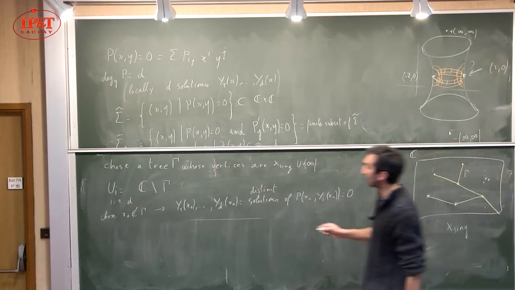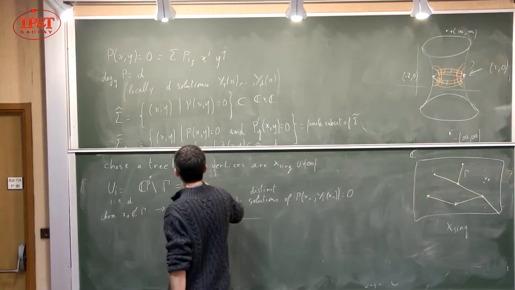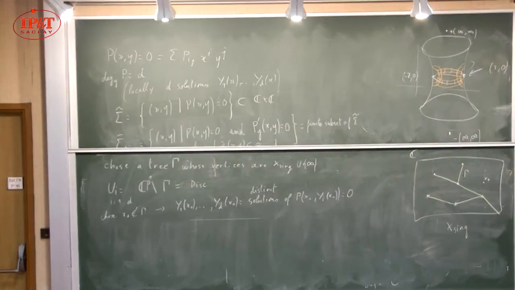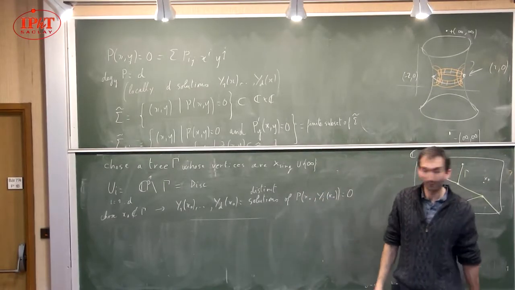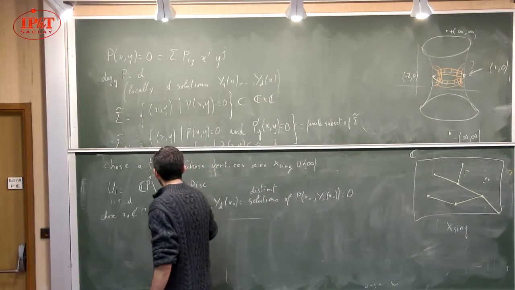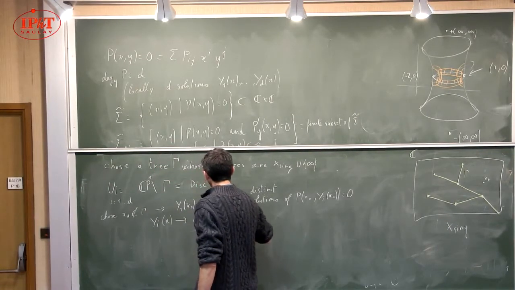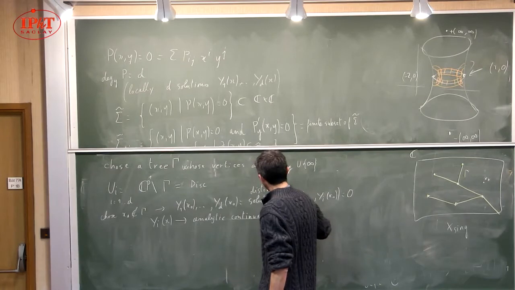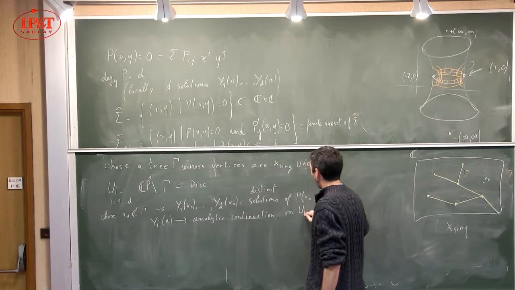So in fact it's CP1, so it's a disk. Since it's simply connected, it means that there is a unique way to analytically extend all the y_i to the whole U_i. So it means y_i of x can be extended on U_i.